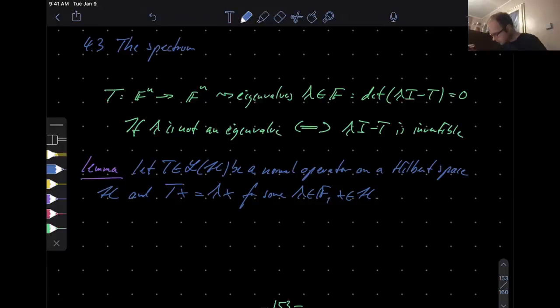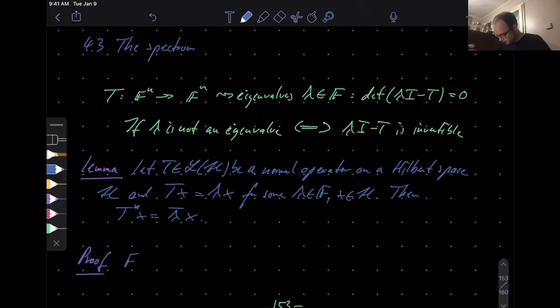So I won't use it here. I will just write out the claim. Then the adjoint satisfies the same equation except for the fact that the lambda gets a complex conjugate bar on top. Okay.